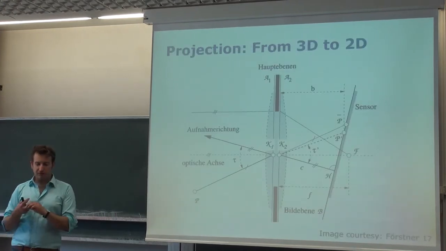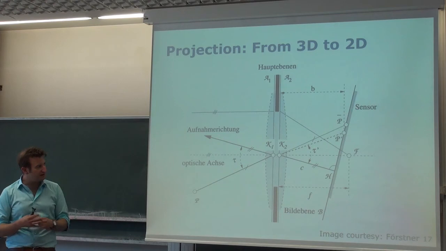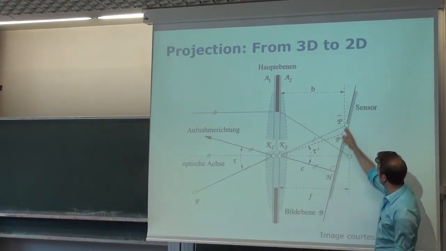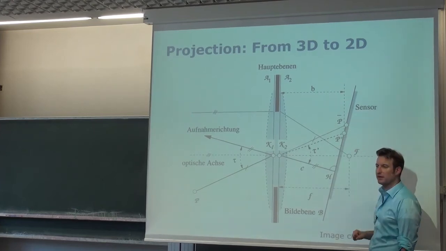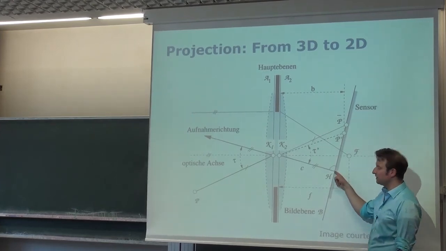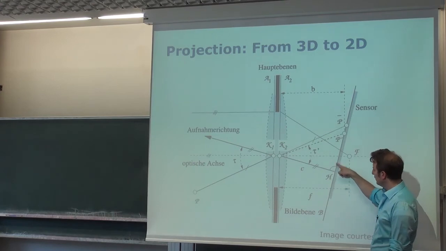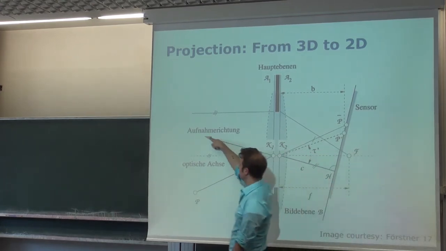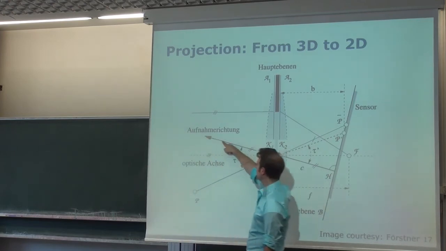So how that works? Don't want to go into the details, but we typically have our image plane, well, the sensor is mounted in this image plane. There's some point here, which is the principal point. And so this is a 90-degree angle over here. And this is the direction of the camera, where the camera is looking to.